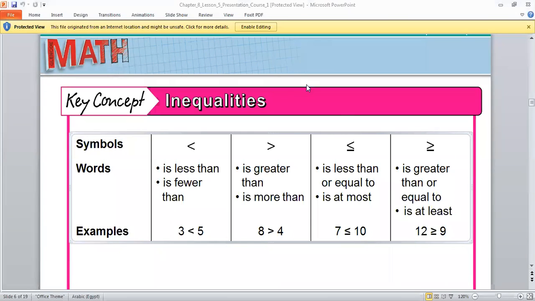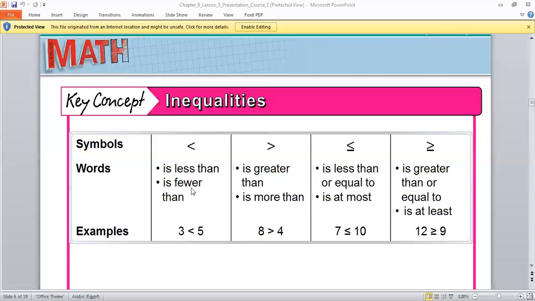So this one is at most, or less than or equal, and greater than or equal is at least. Again, this symbol I read as at most, or less than or equal. Here we have at least, and it will be greater than or equal.